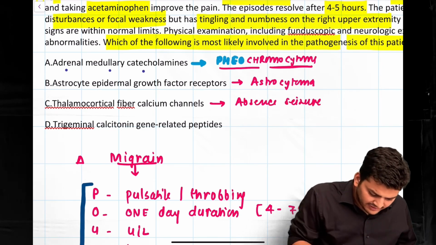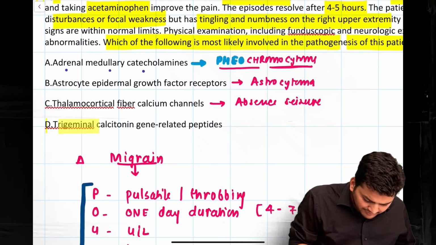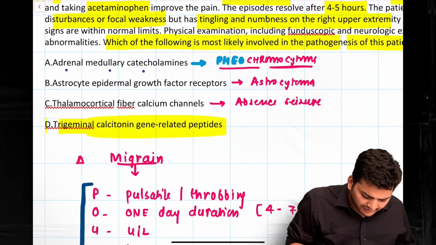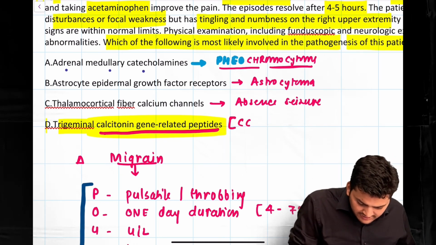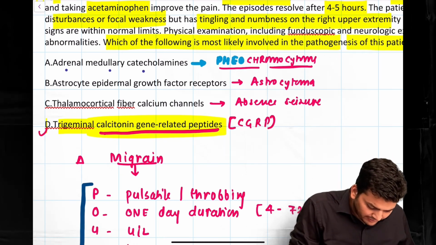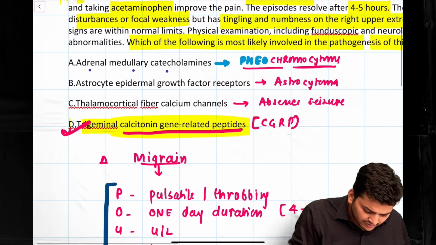And the last option is an increase in the trigeminal CGRP, that is calcitonin gene related peptide. CGRP is associated with migraine. Yes, this is what we have discussed, CGRP.